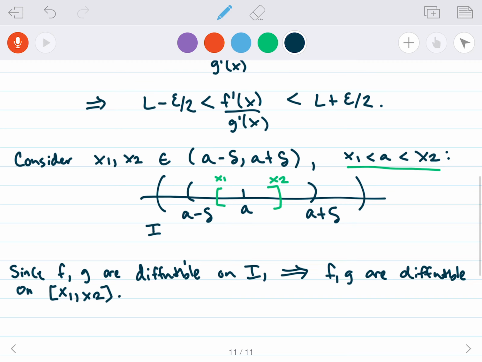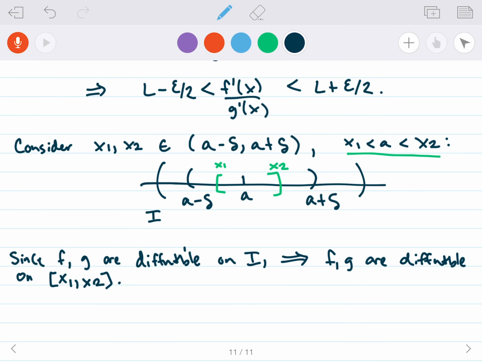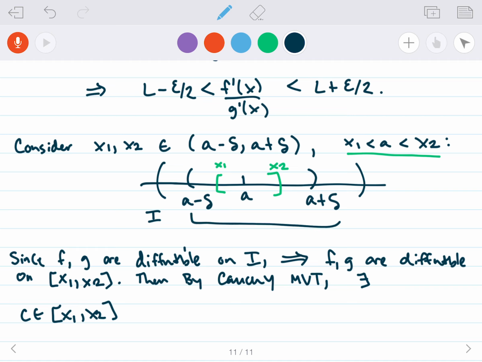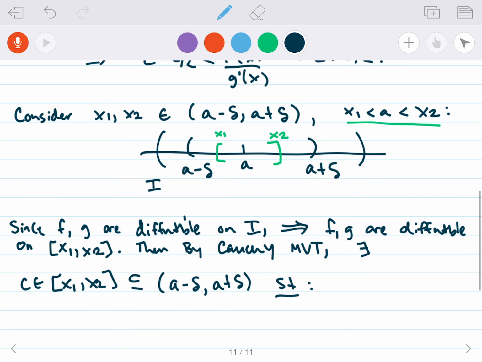So there's some c in x1, x2, which, by the way, is contained in this delta neighborhood. We need that. It is contained in A minus delta, A plus delta, such that, what does the Cauchy mean value theorem say?